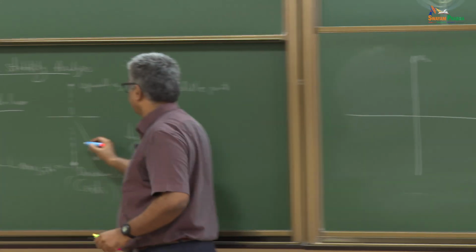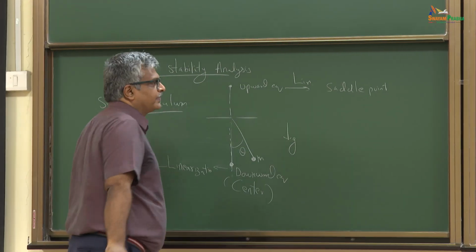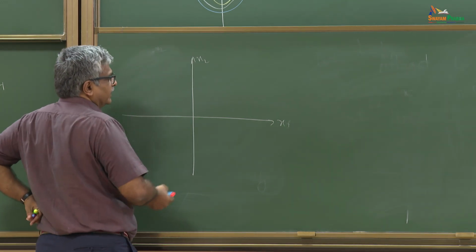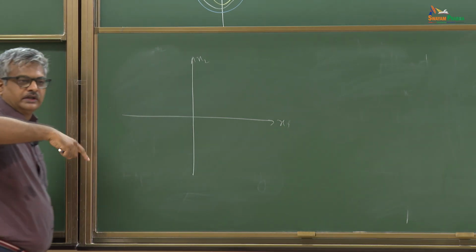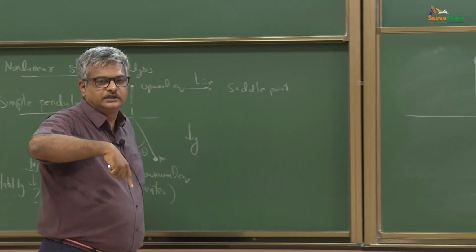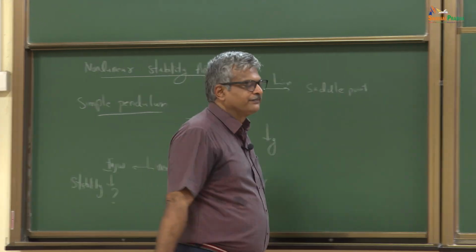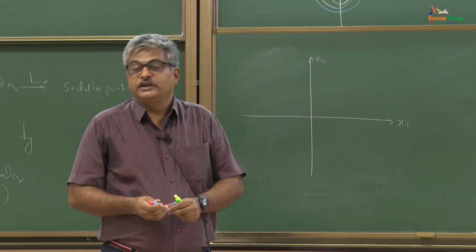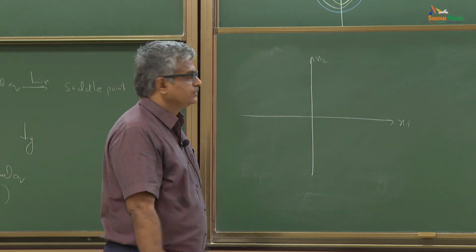The phase portrait in the vicinity of the lower equilibrium point, that means for small initial conditions, corresponds to oscillations. And we saw that they correspond to periodic solutions, a continuum of periodic solutions.